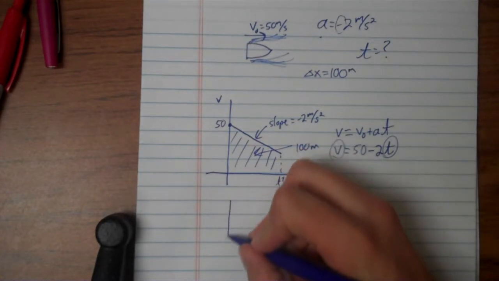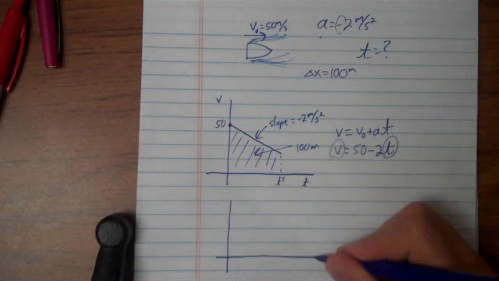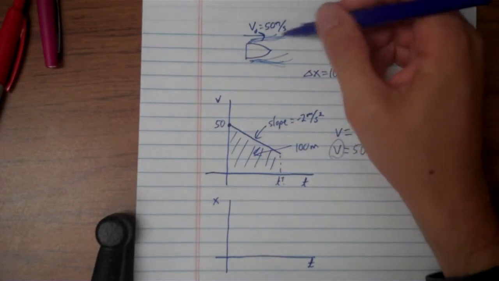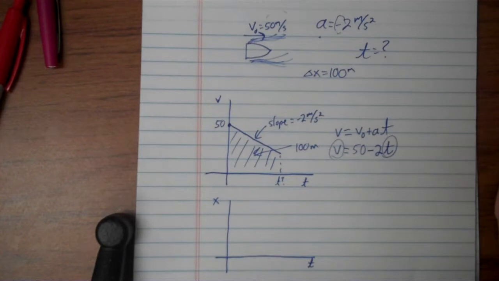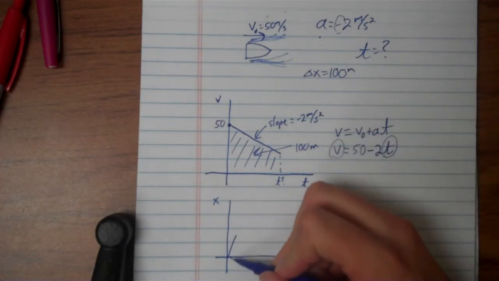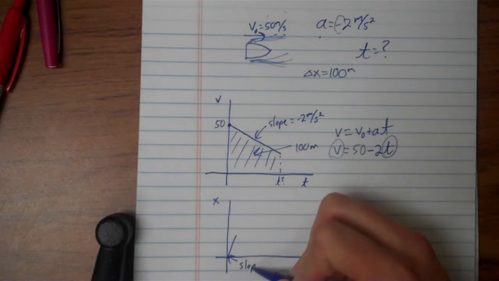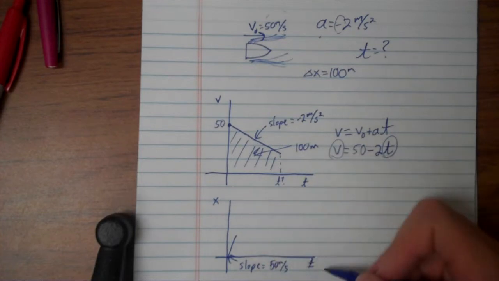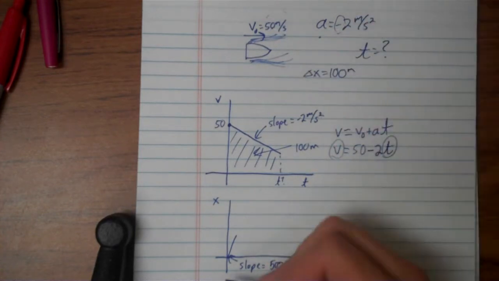So now I'm going to draw a position versus time graph. Since we're starting out at 50 meters per second, we have to start out with a steep slope. Particularly, the slope at the very beginning would have to be 50 meters per second, because the slope of our position graph has to equal velocity at that instant.